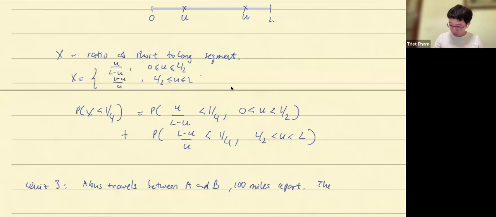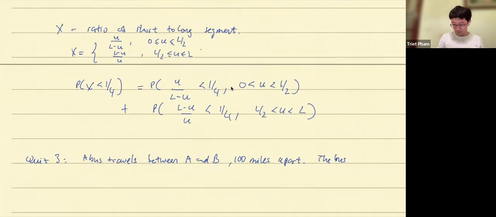The bus breaks down, if it does, uniformly at a location between A and B.